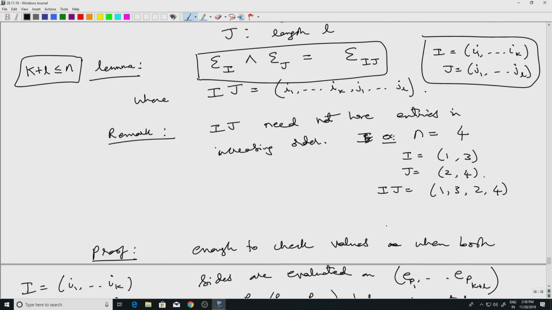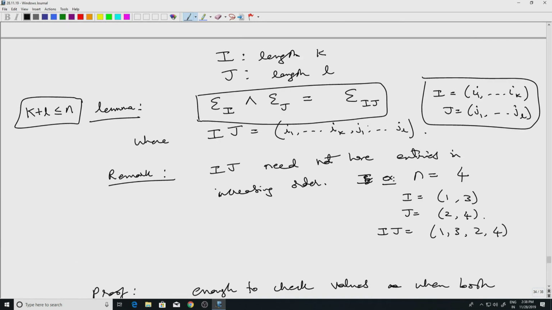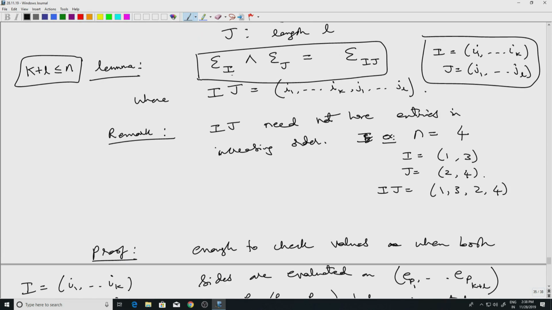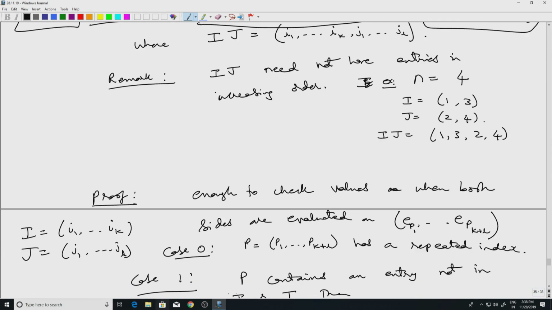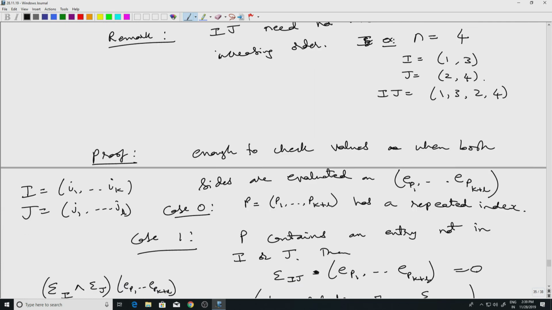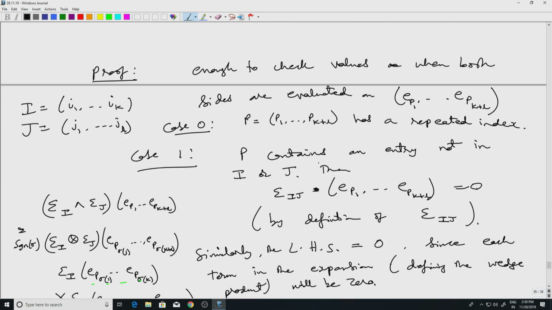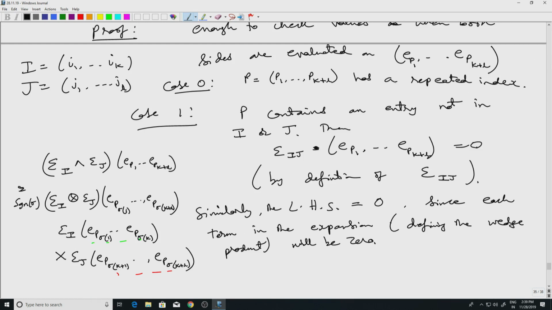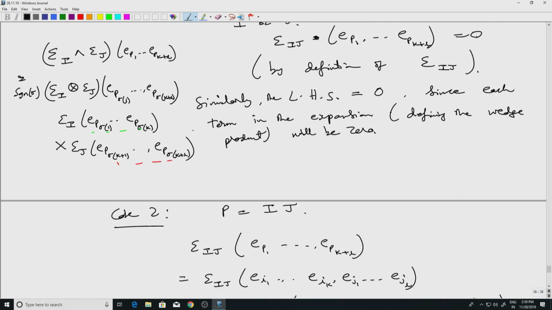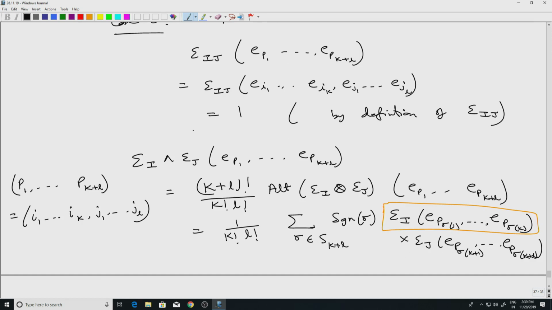Actually you don't even need the specific nature of epsilon, just the fact that they are alternating forms will ensure that if two indices are repeated, you will have two vectors being the same in the input, and therefore both sides will be 0. So this case is kind of clear. Then case 1 and then case 2.